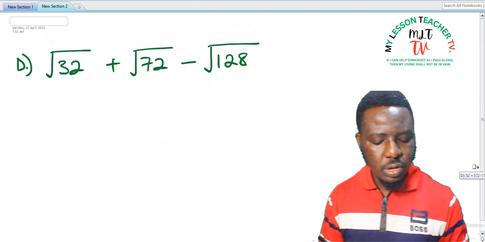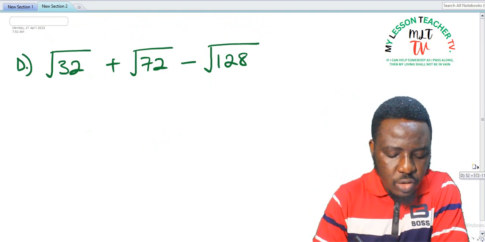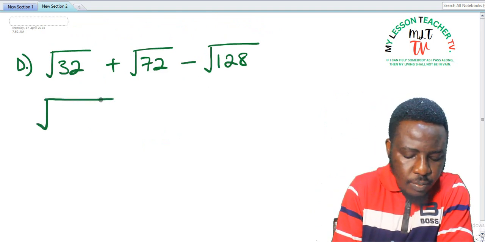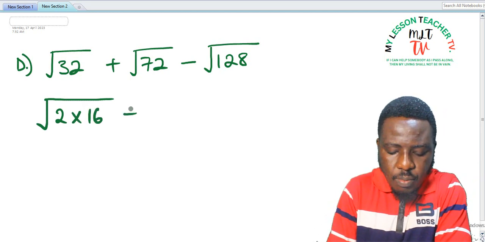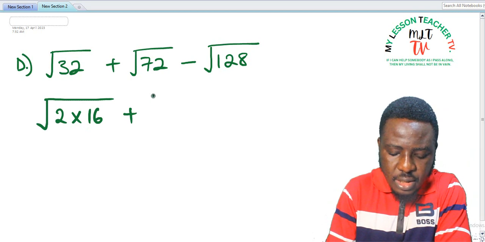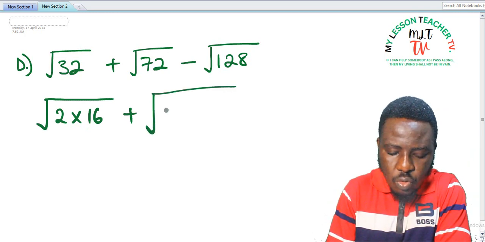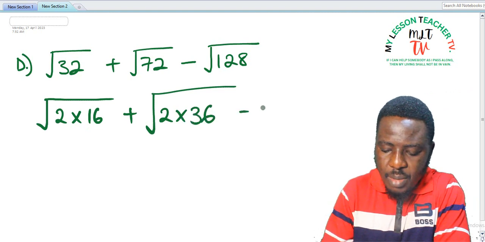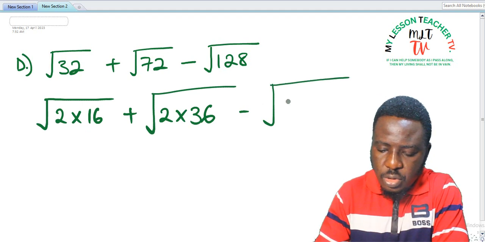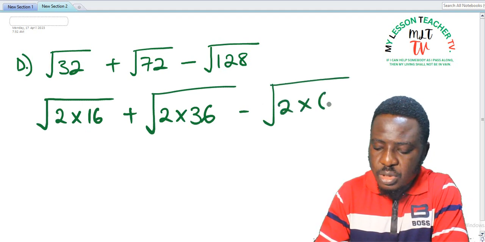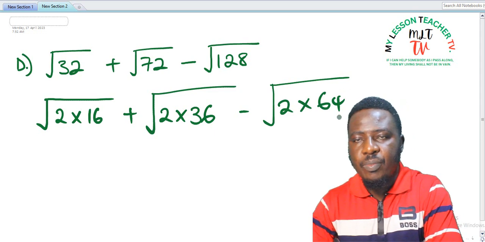So root 32 can be divided into root 2 times 16, plus root 72 can be said to be root 2 times 36, minus root 128, this can be said to be root 2 times 64.